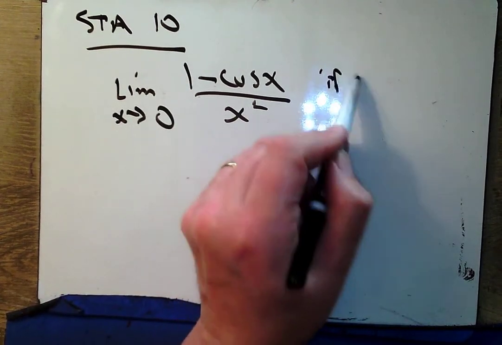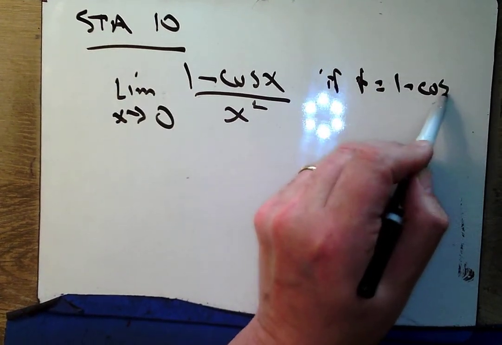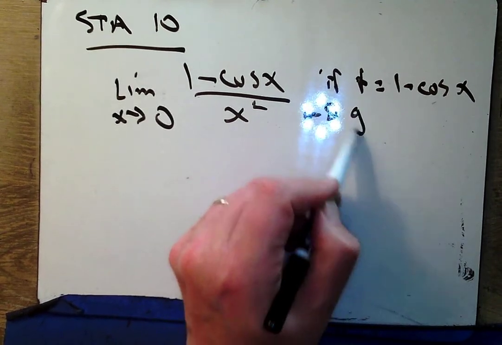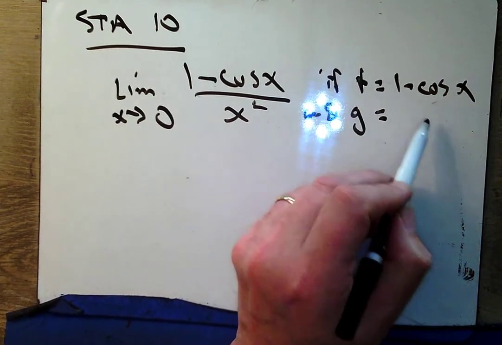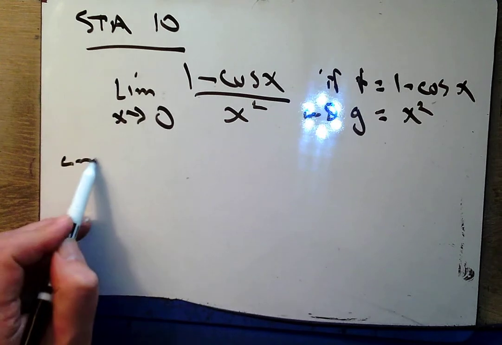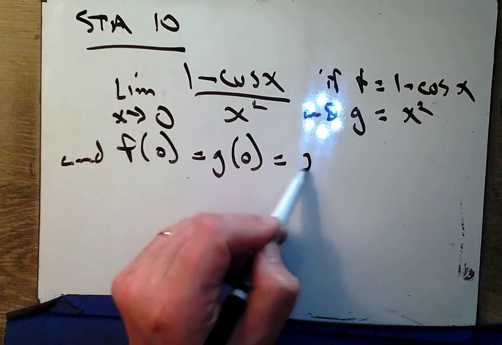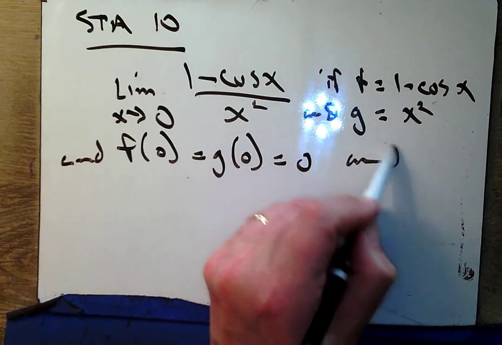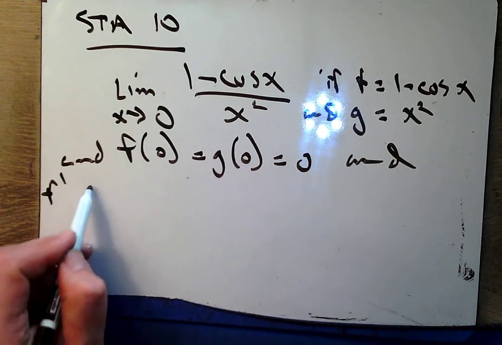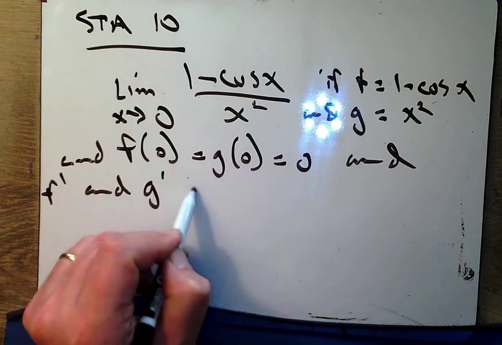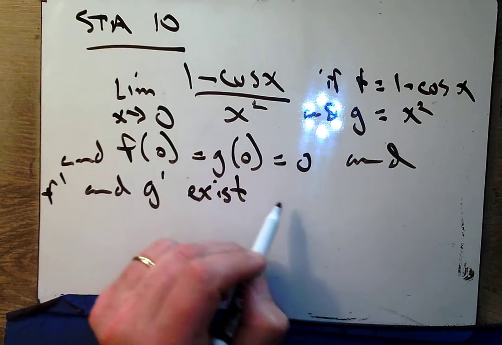So if f equals 1 minus cosine x, and g equals x squared, and f of 0 equals g of 0 equals 0, and f prime and g prime exist everywhere.